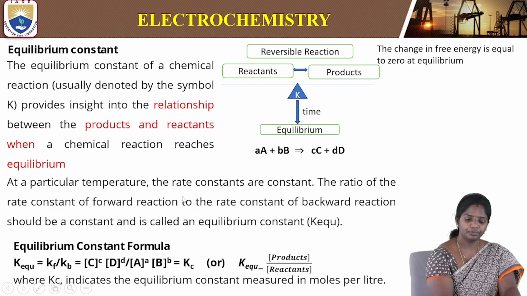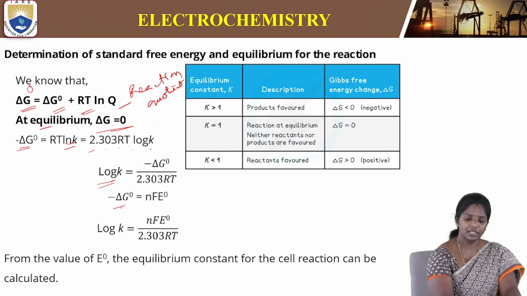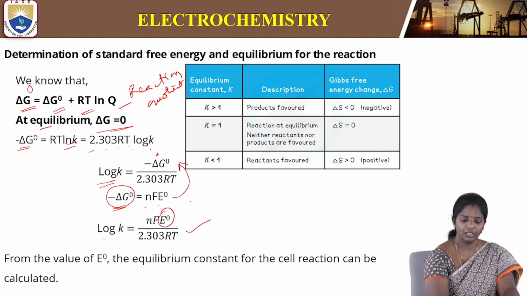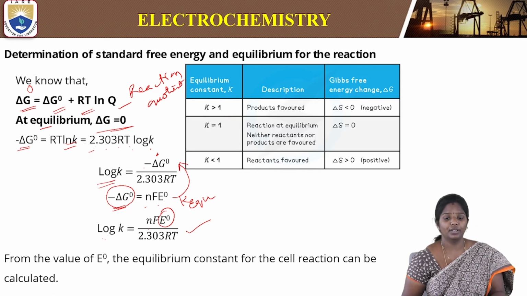We know that minus delta G naught is equal to nFE naught. So log K is equal to nFE naught by 2.303 RT, where K is the equilibrium constant, denoted as K eq, for that particular reaction.